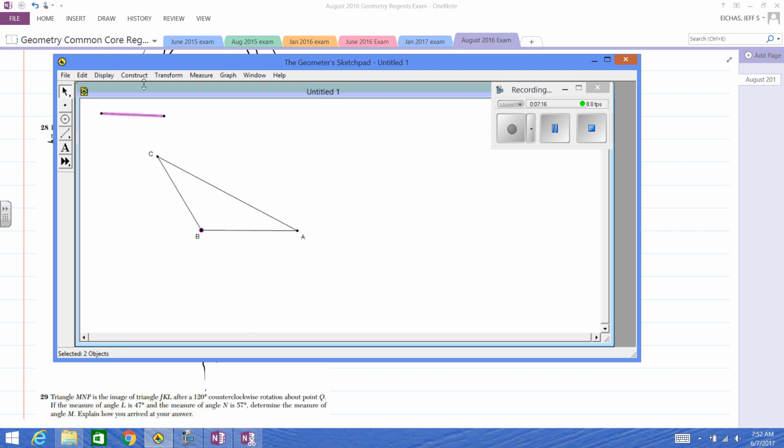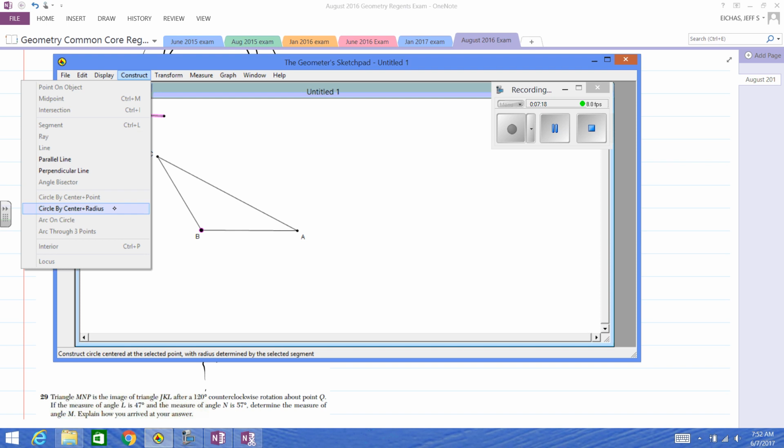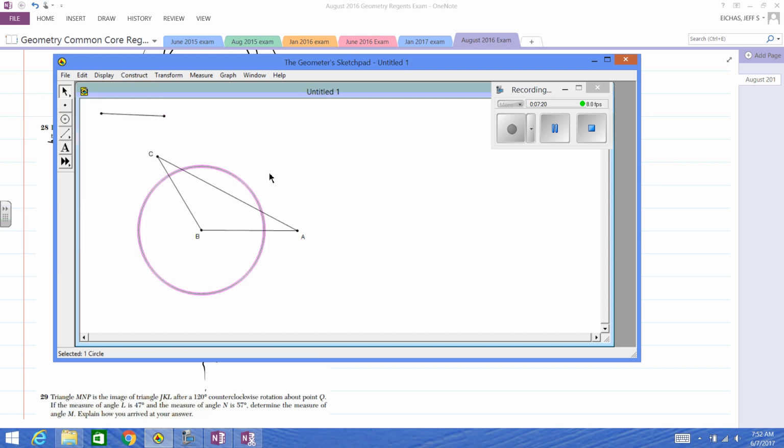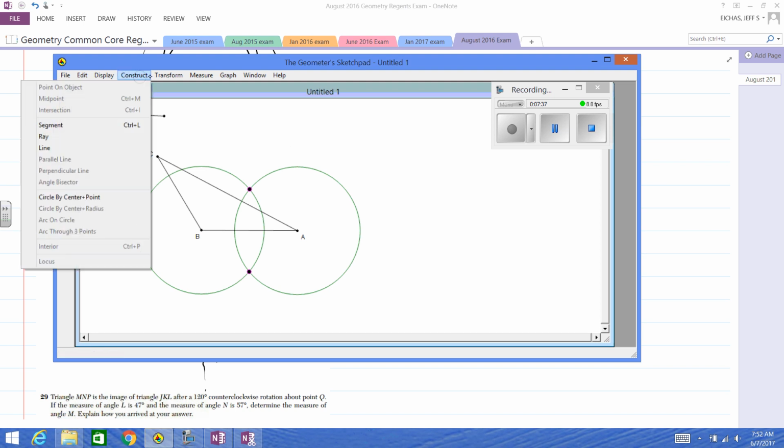Now, if we put the center of our compass tool on A and use the same exact radius, what we just did was these 2 points are the same distance from A and B, because we used the same radius. So we're going to construct that line.